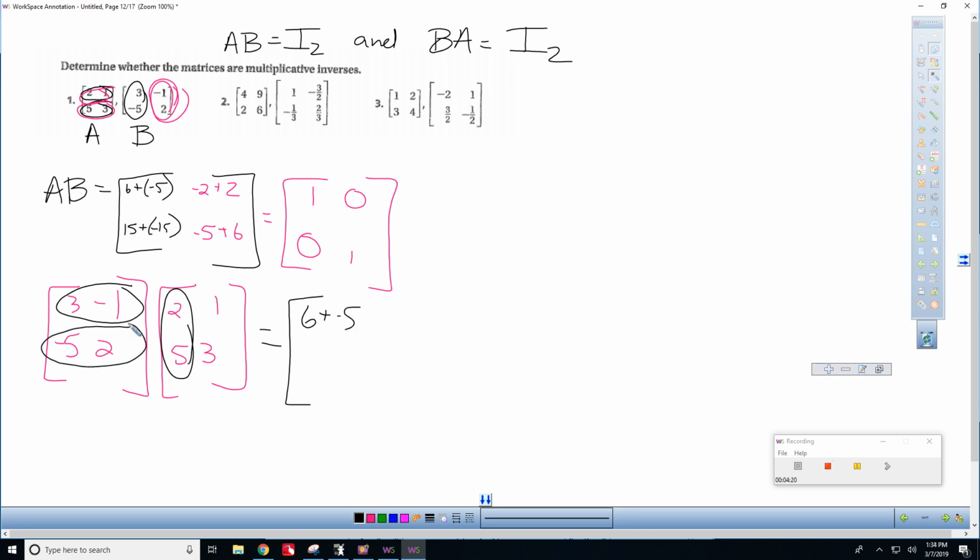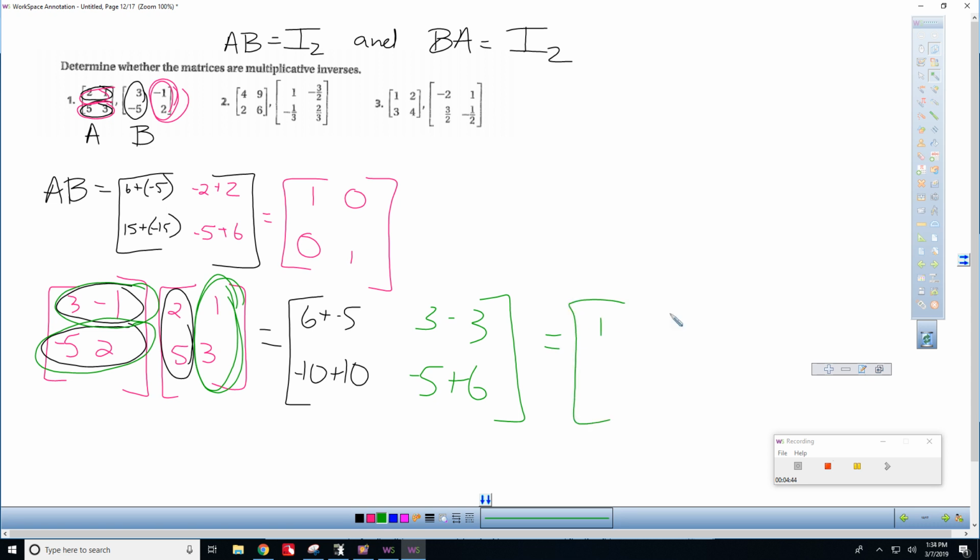Row by column. Negative 10 plus 10. So far, so good. Row by column. 3 minus 3. Row by column. Negative 5 plus 6. That equals 1, 0, 0, 1. Boom. Those are multiplicative inverses.